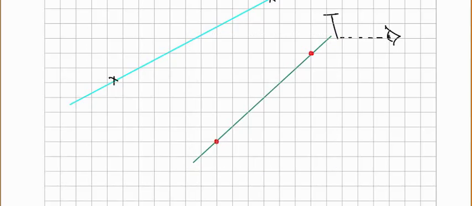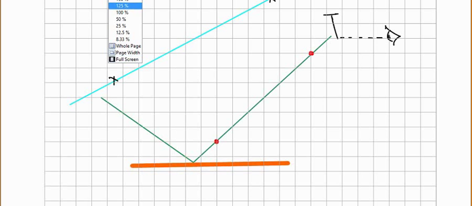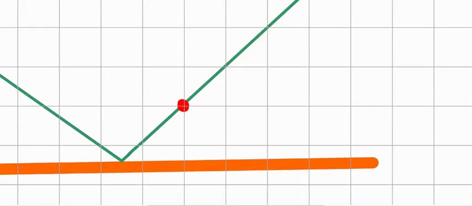Another thing is the judgment of the intersection points. Like if this is the incident ray and this is the reflecting surface. Now when you need to draw the reflected ray from this position, you can draw it like this. But if we magnify this part here, we can see that actually the lines are over one another right here.